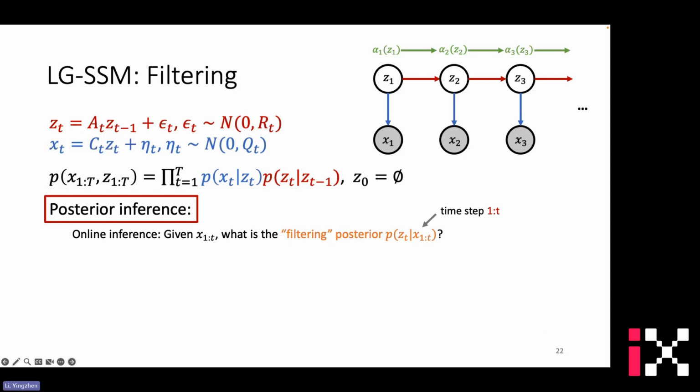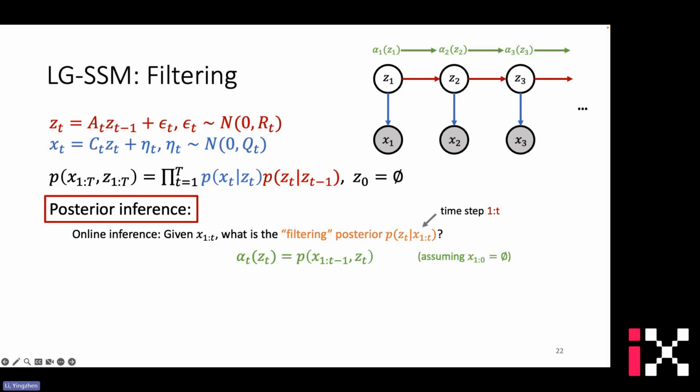We want to infer the latent variables given the observations. One strategy is to do this filtering inference: given the observation sequence up to the current time step t, what is the filtering posterior for my latest latent variable zt? So this is quite straightforward.